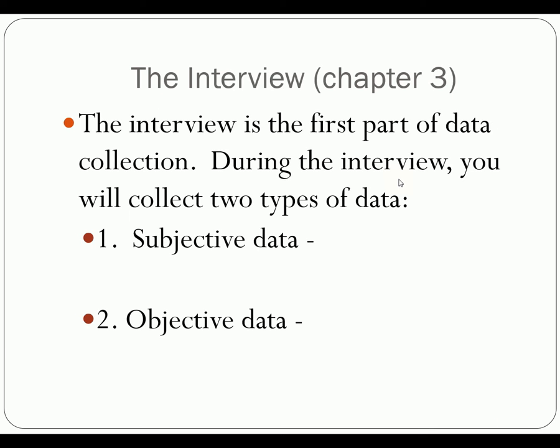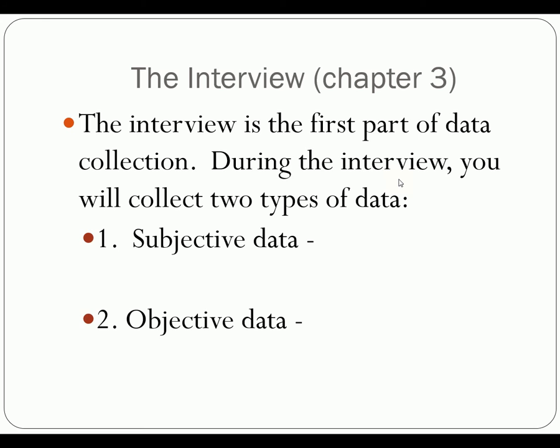All right then, so let's get started with the content I'm going to be covering, which starts in chapter 3, the interview. Okay? And as I put on your objectives, no, not the movie. Okay, the interview is the first part of the data collection. It's during the interview that you're going to collect 2 types of data.